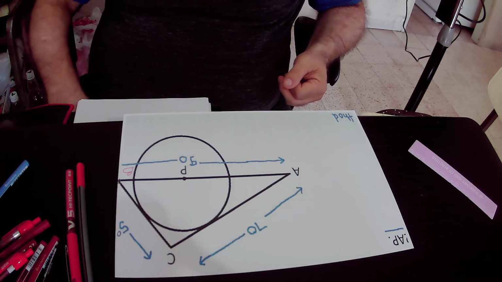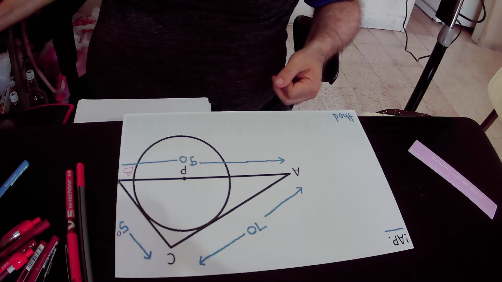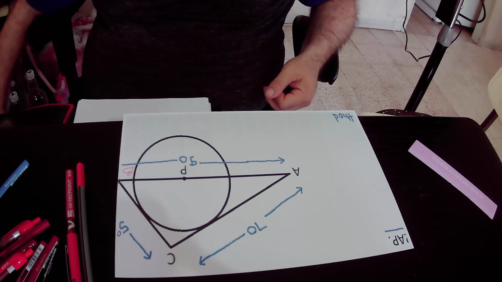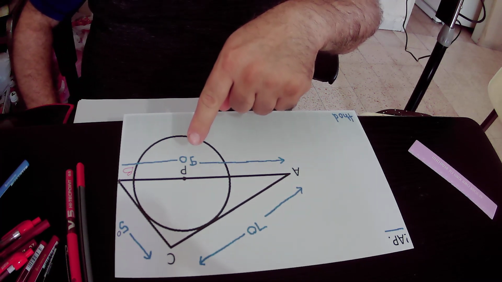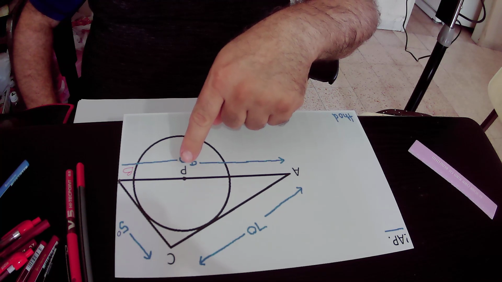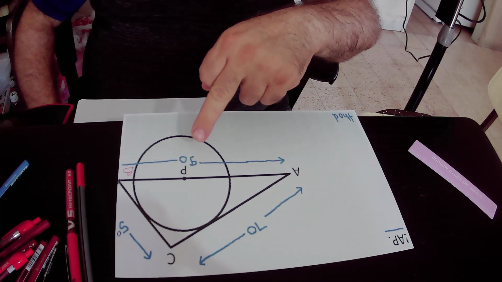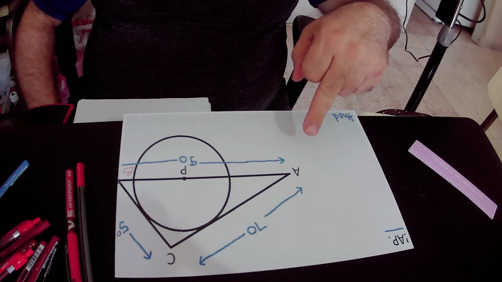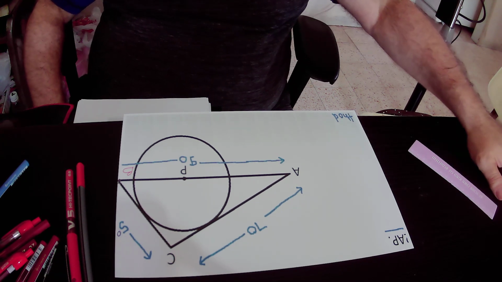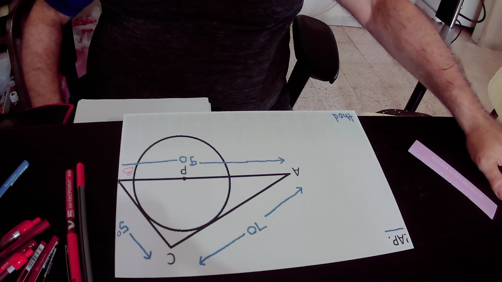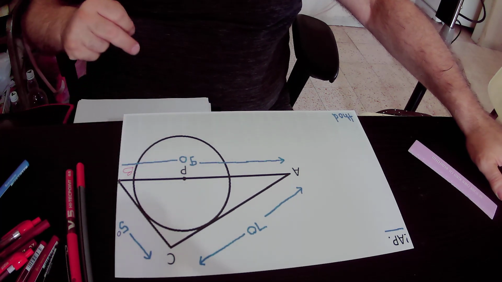Okay, and we also have a circle, and the center of the circle is point P, and point P is situated on side AB of the triangle, and we also have 2 tangents to this circle.